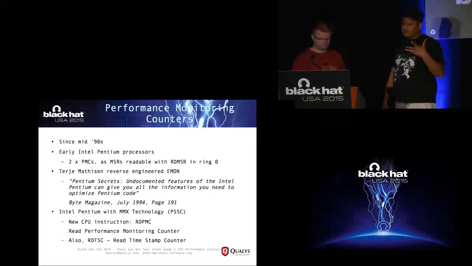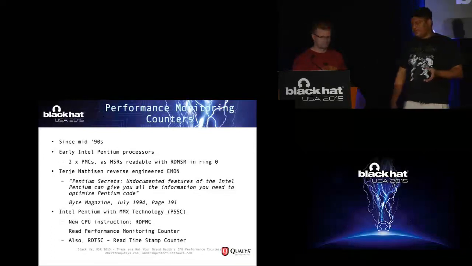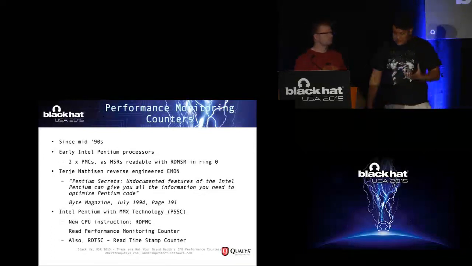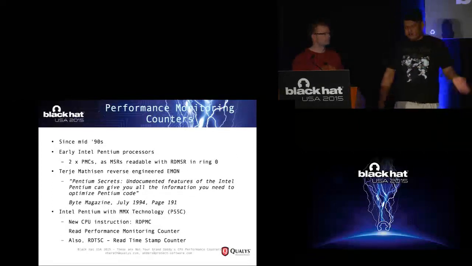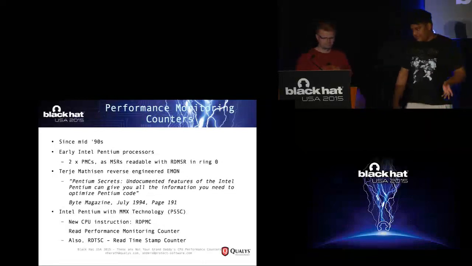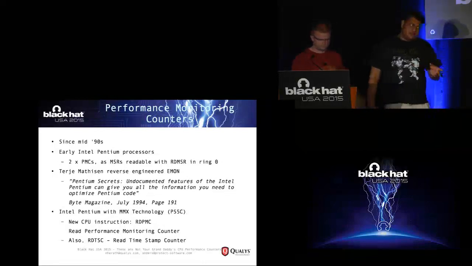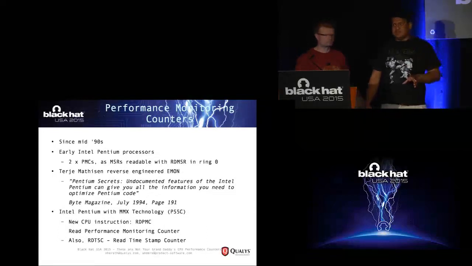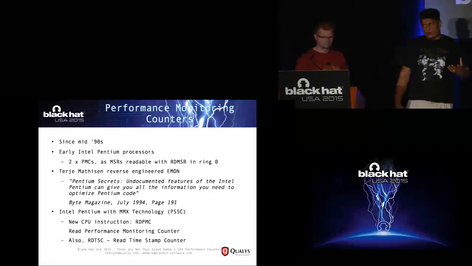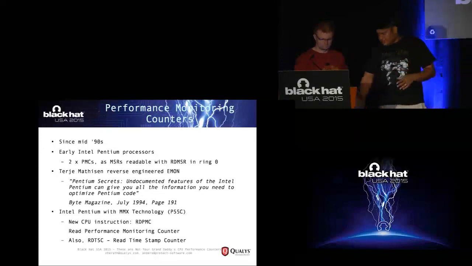Now, when it came to the Pentium MMX, the P55C, Intel introduced a new instruction called RDPMC, which allowed you to read these performance monitoring counters, and you could also do it from ring 3 or any other ring. Also, with the P55C, they introduced RDTSC, read timestamp counter, which provides very high resolution timestamping information for the Intel processors.